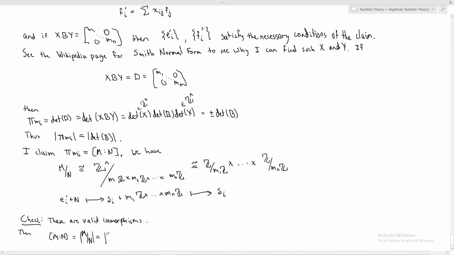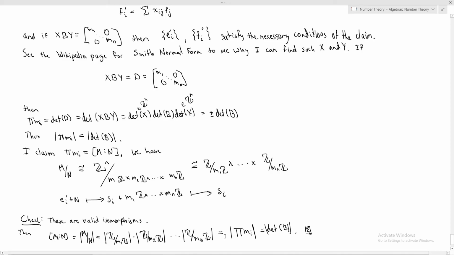So this will be the size of Z mod m_1Z times Z mod m_2Z and so on, which is exactly what we wanted: the size of the product of these, which we just saw was the same as the absolute value of the determinant of B.